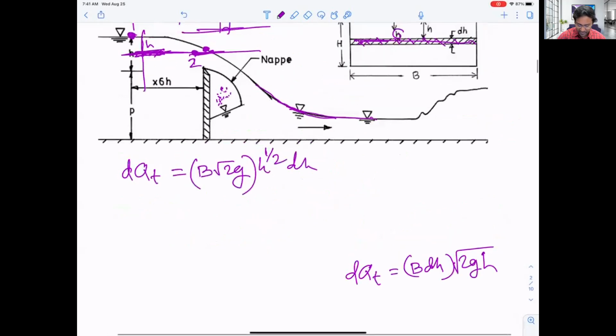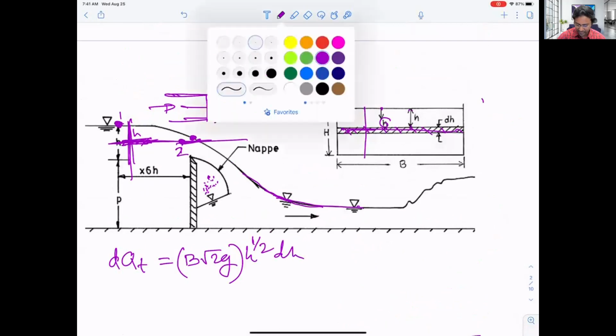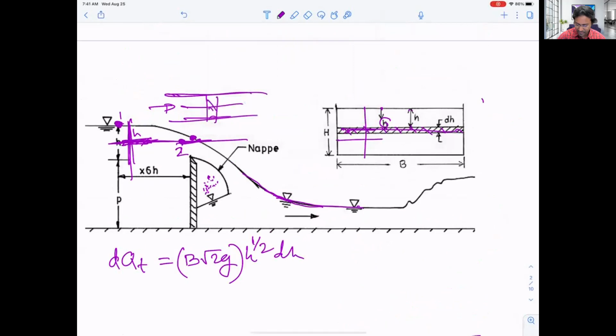If I want to get the total flow rate for the entire height of the water, we would have to make many slits, many strips like this, calculate the velocity for each slit, and add them up to get the total Qt.